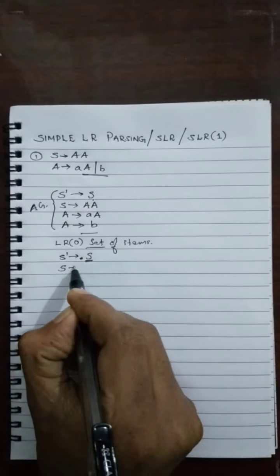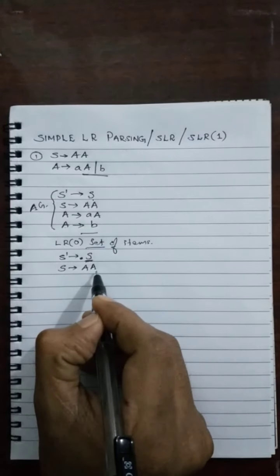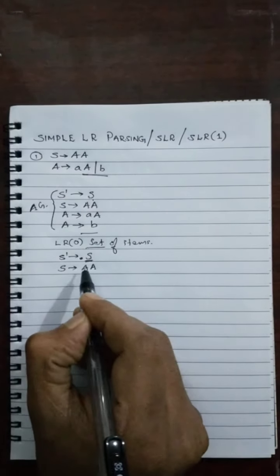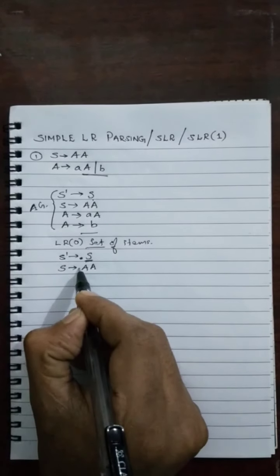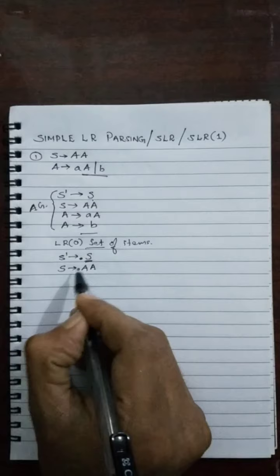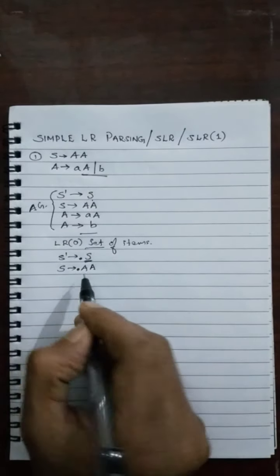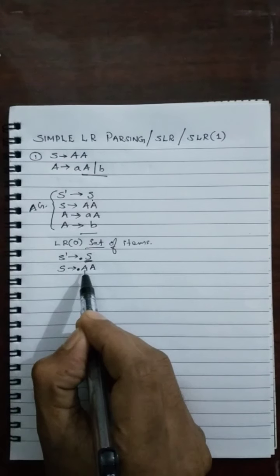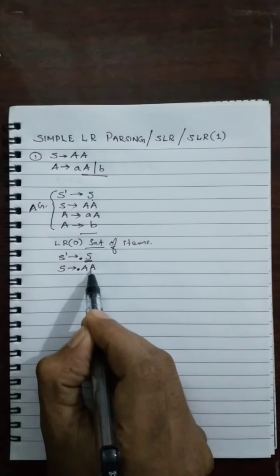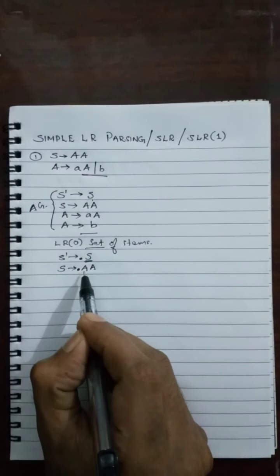In this particular grammar, we have S producing A. Now is this an item? No. In order to make this an item, you have to add a dot to the front of the right hand side of the production. Now this has become an item. Again, for the newly introduced production, after the dot sign, check whether this is a terminal or non-terminal.